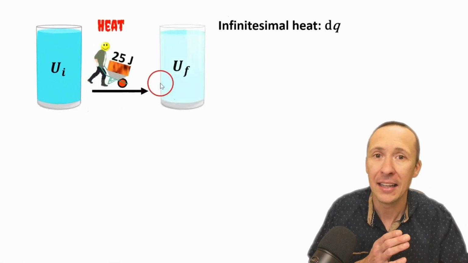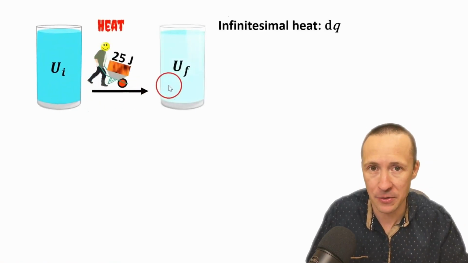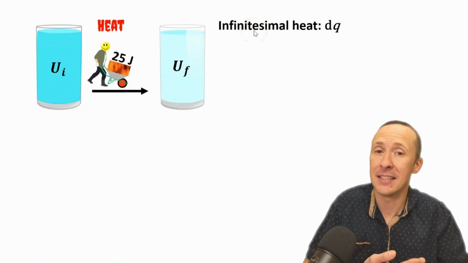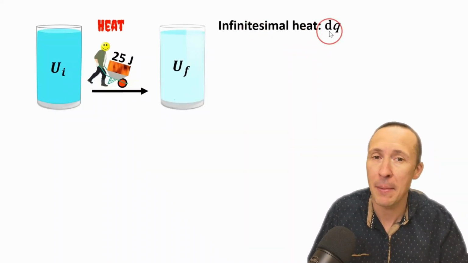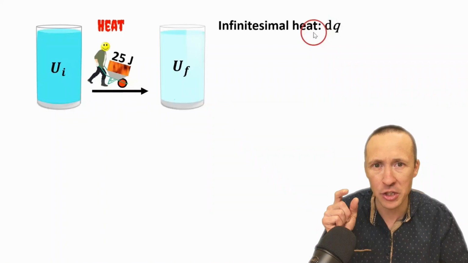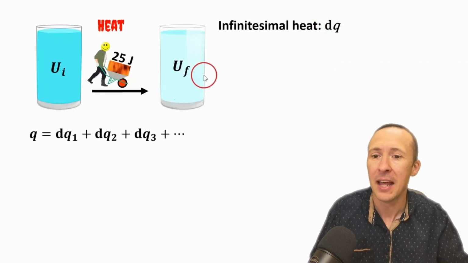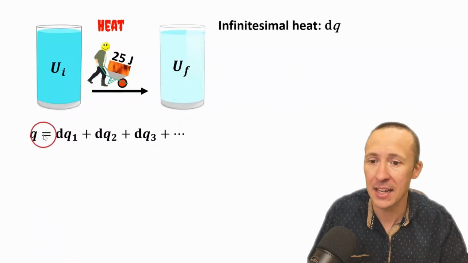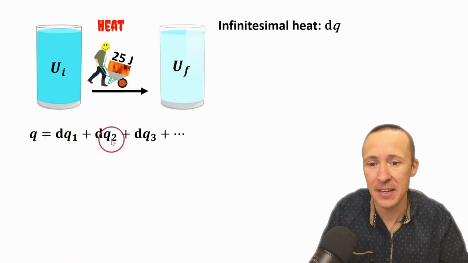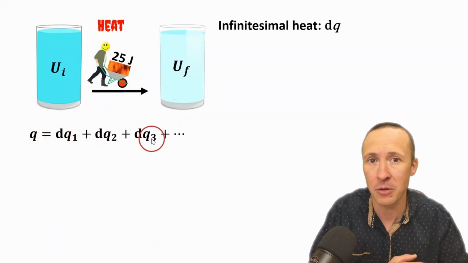So a little amount of energy being transferred can be thought of in an infinitesimal form. So if we pick on heat, dq represents a small amount of energy being transferred as heat. And the total energy that's transferred as heat throughout the whole process is the sum of all the infinitesimal portions of heat throughout the process.